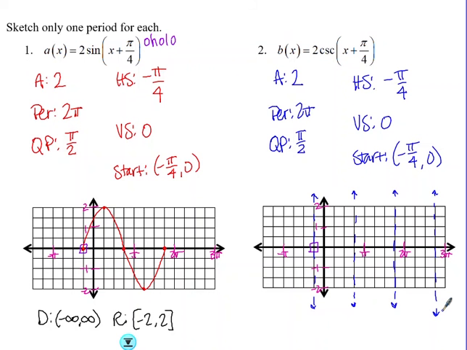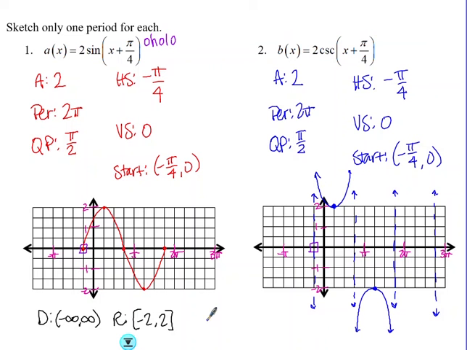And you could keep going if you needed to. Since this is cosecant, and my stretch is 2, I'm going to have a graph that looks like this.